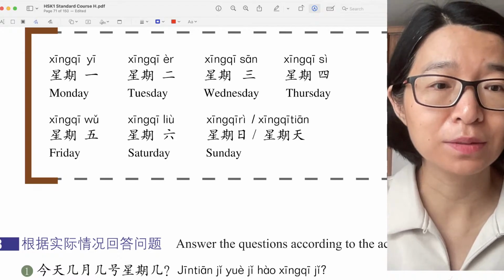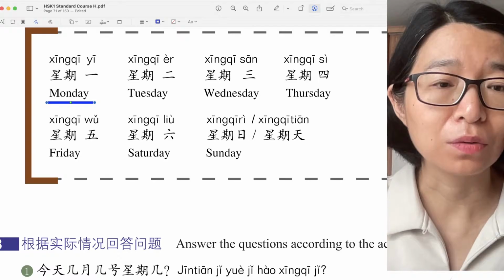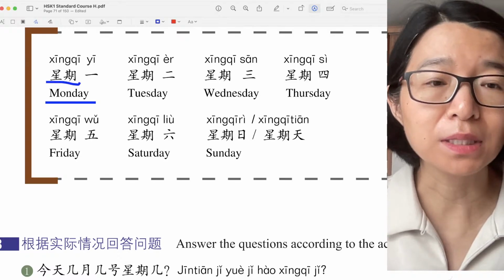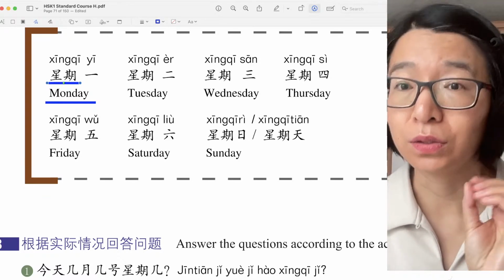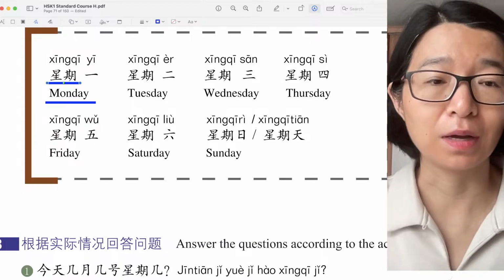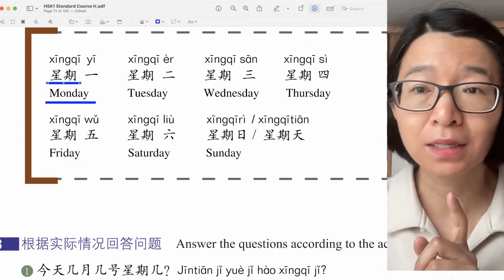How to say it? Basically, we need to say one word, which is 星期. Here you can say this word, 星期. And then you put number after this word. For example, 星期一.